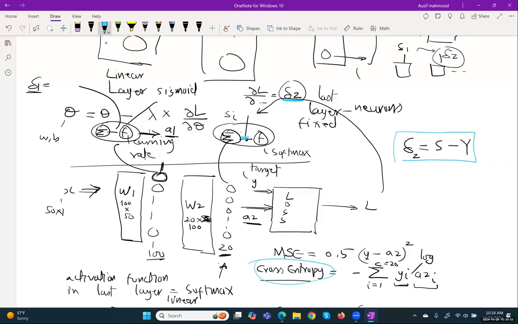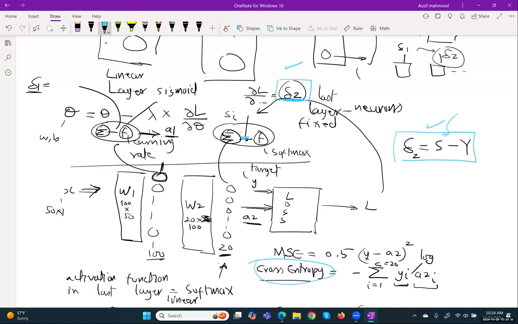If you go back to one of our lectures, we derived that for a softmax activation function with cross entropy loss, if we go through all the math, it just comes out very simple: S minus Y is the delta in the softmax neuron. So let's pretend we know delta 2. We have computed it like this.